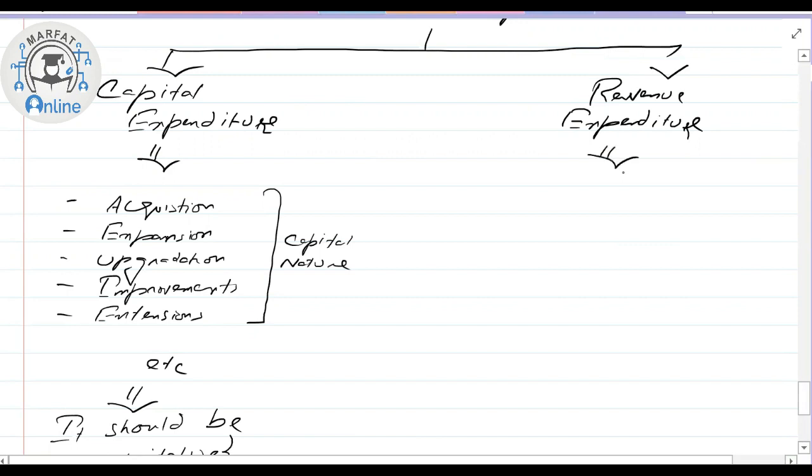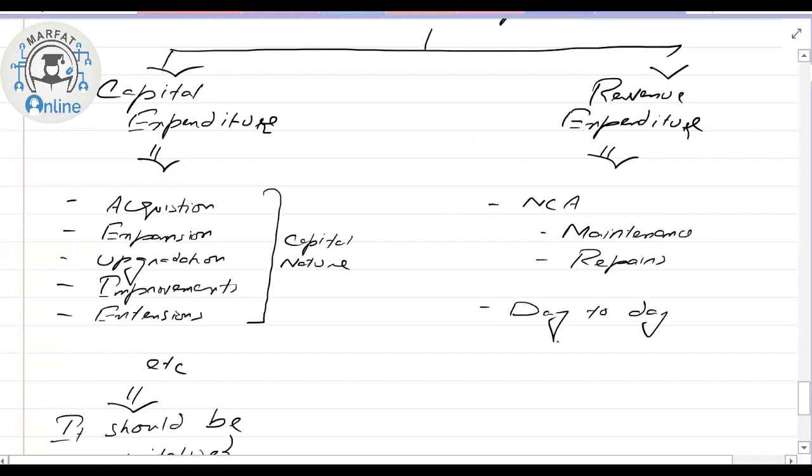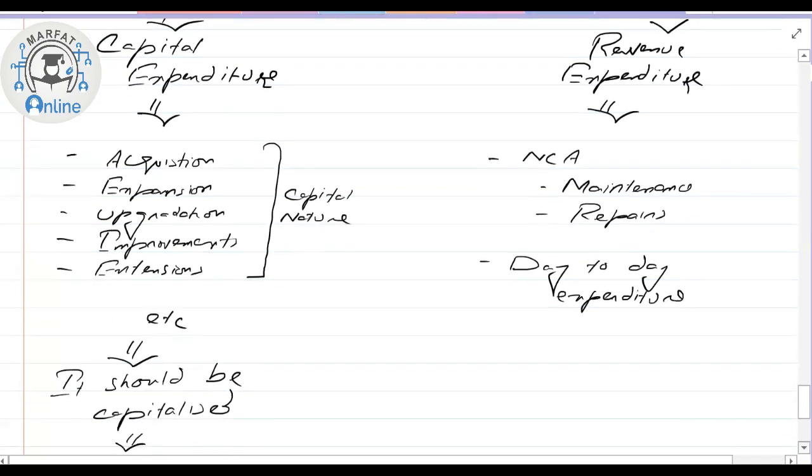Now you have revenue expenditure, such as expenditure on the non-current asset that is related to maintenance, repairs, or day-to-day expenditure, such as, for example, you are using fuels, plugs, oils, for example, mobile oils.